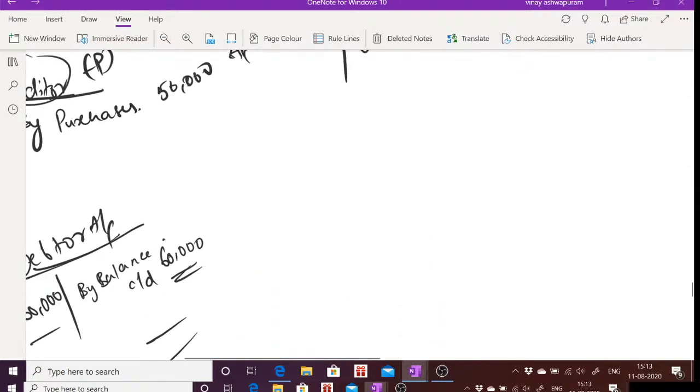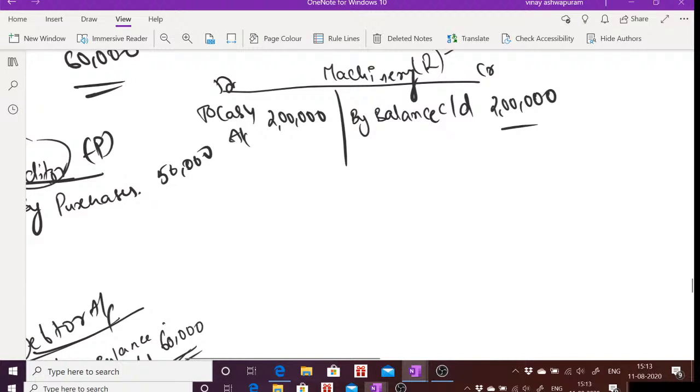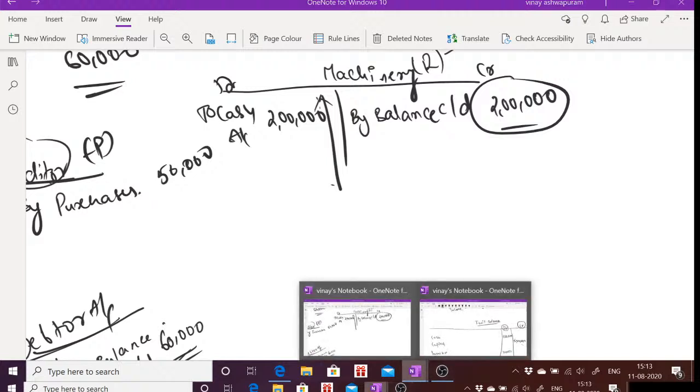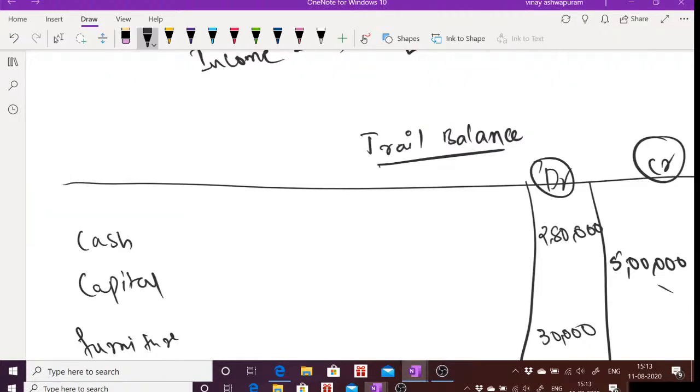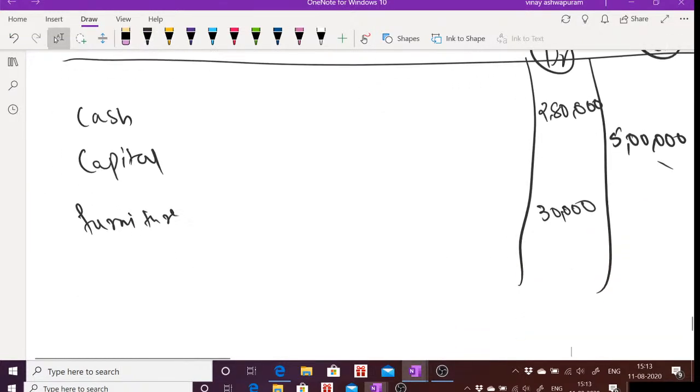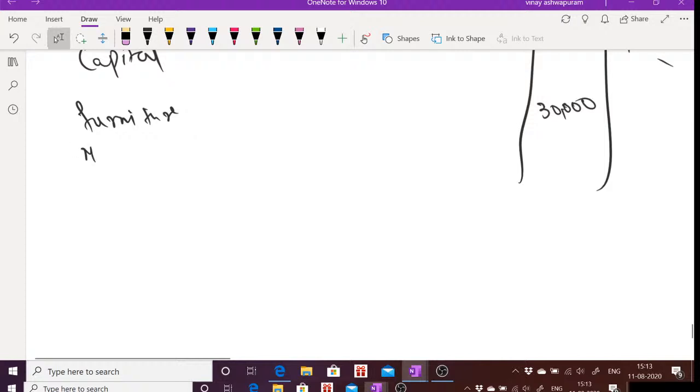Then you have the machinery account. It's showing debit side is more, so it's showing a debit balance. I will write on the debit side of this account. Machinery account was 2 lakhs.